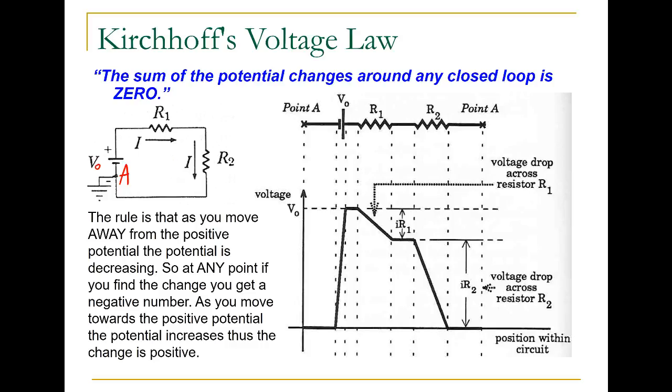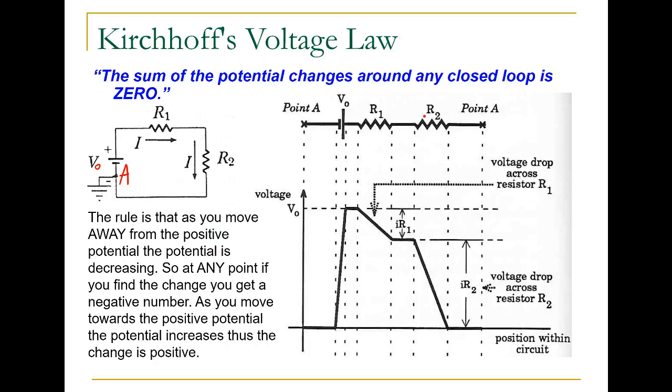But as we've talked about previously, when we go through a resistor, such as R1, we have a voltage drop. So at any point, as you move away from the positive end, the potential is decreasing. So you get a voltage drop as you go through resistor R1, and that's equal to IR1. That's Ohm's law.